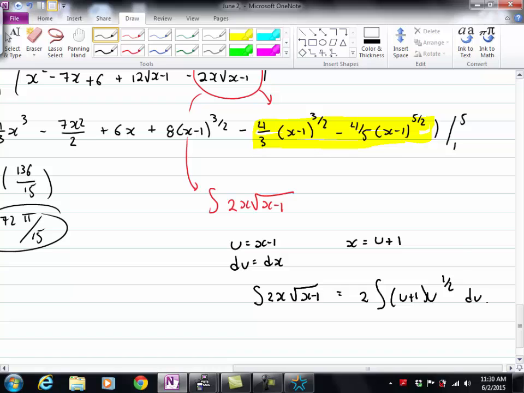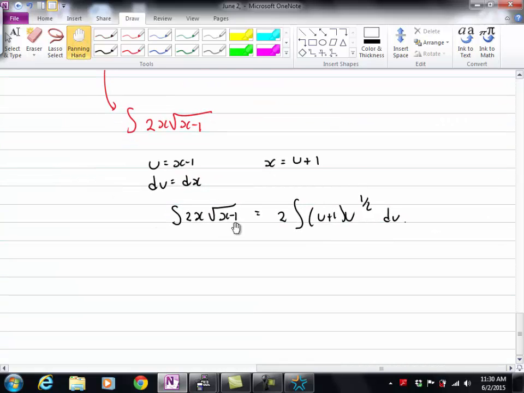So I use substitution. So I let u be this whole entire thing, agree? So therefore, du equals dx, agree? So here's a dx here. The problem is there's this x on the outside, which I've converted into u. So I found out x equals u plus 1.